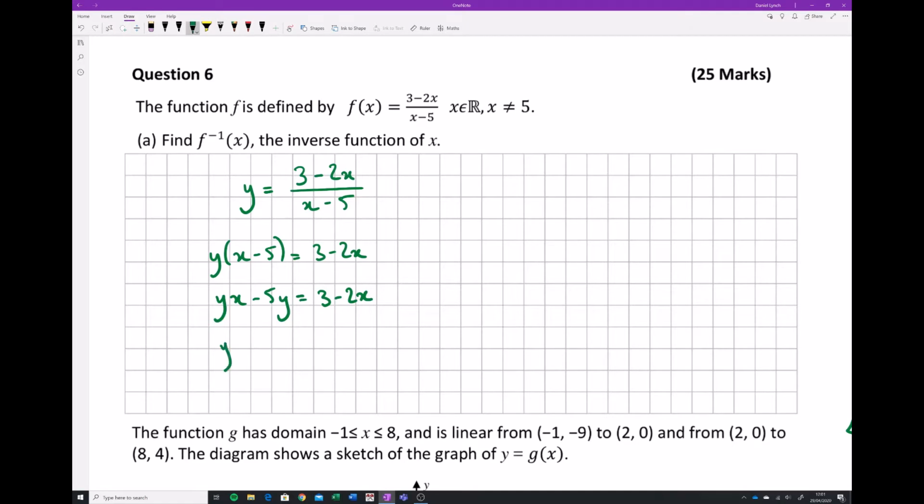What you want to do is remember, get x on its own. So bring all the things that have x's to one side and everything else to the other, and now factorize an x. If you factorize the x, you'll get y plus 2, and it's equal to 5y plus 3. Now we can divide both sides by y plus 2.